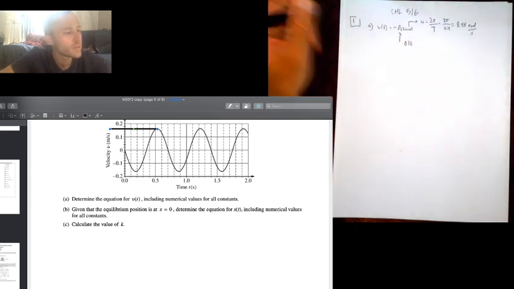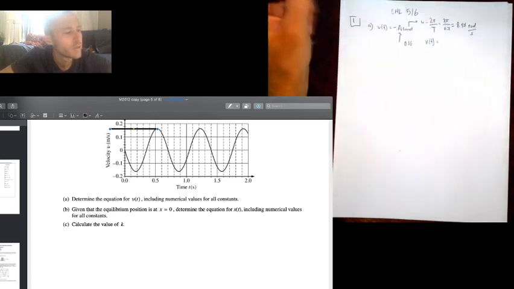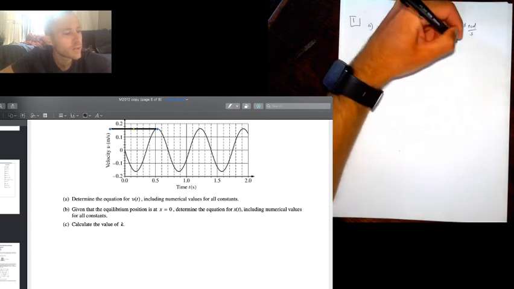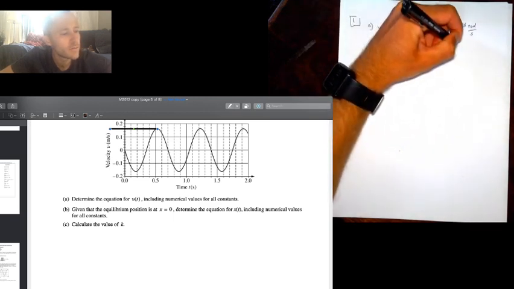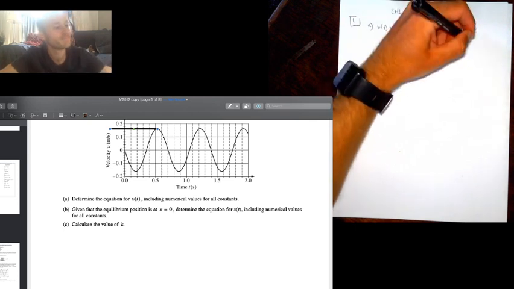So that means our velocity as a function of time is equal to negative 0.16 sine of 8.9t.